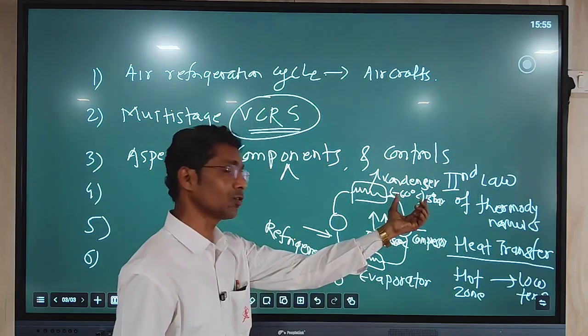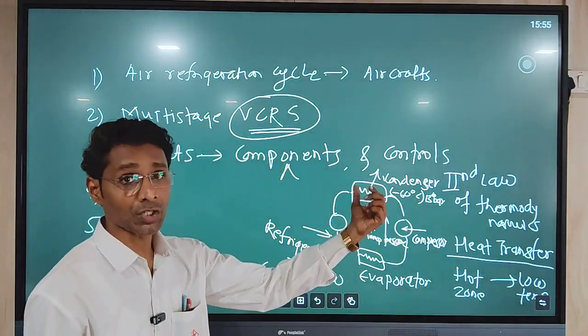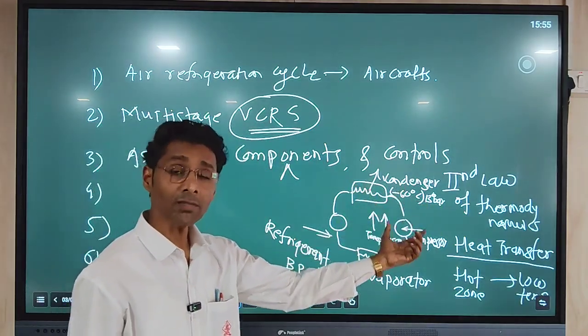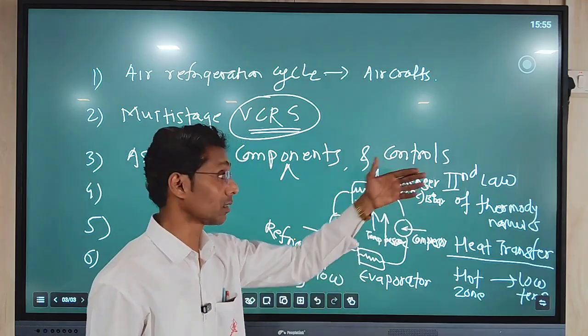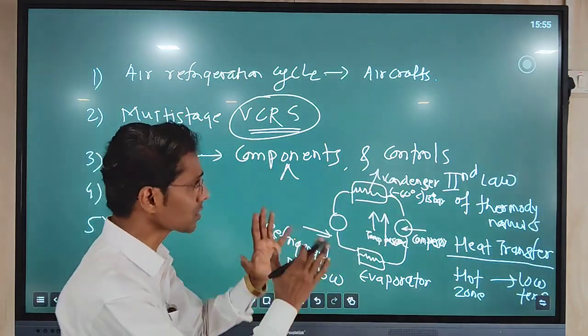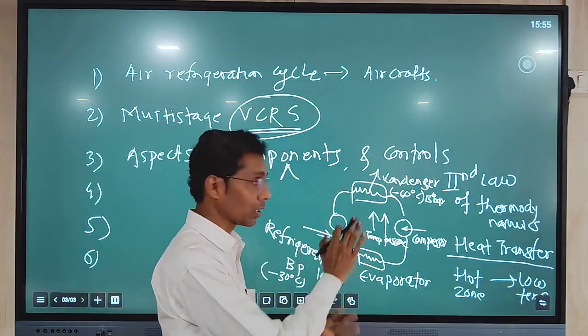Now these values depend on the type of application. These values vary for the refrigerator, ice plant, central air conditioning. But just for example, I am putting in these values.